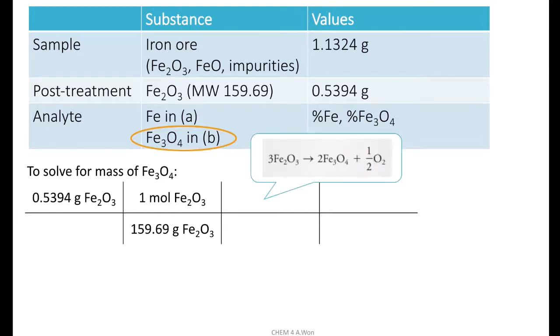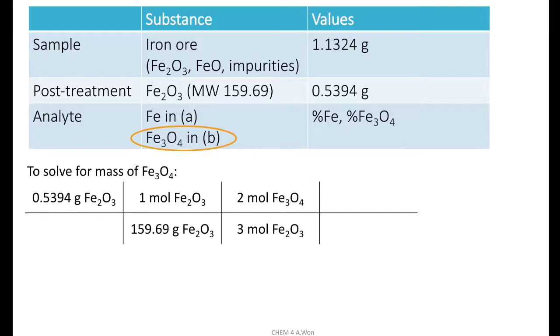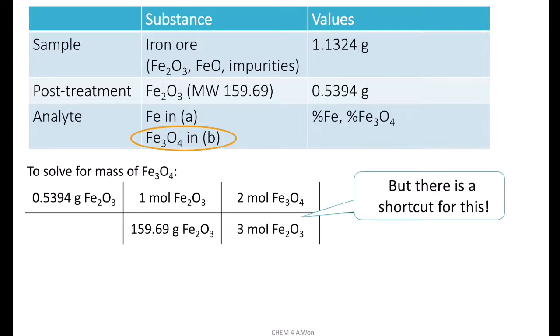You can think of the balanced equation as something like this. And using the coefficients, we are going to use 2 mole Fe3O4 and 3 mole Fe2O3. But don't panic just yet, because we have a shortcut that we will discuss later if you don't know the chemical equation.